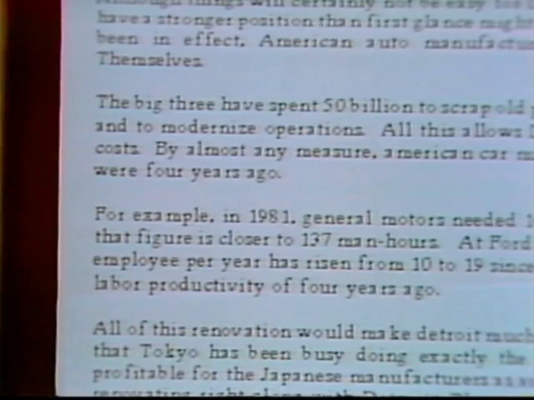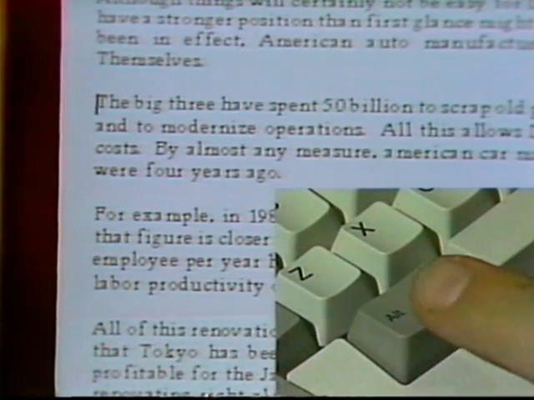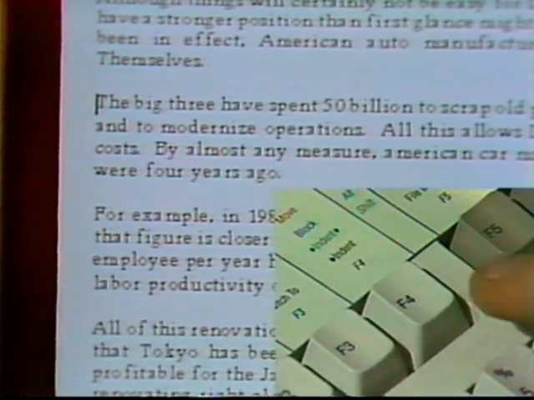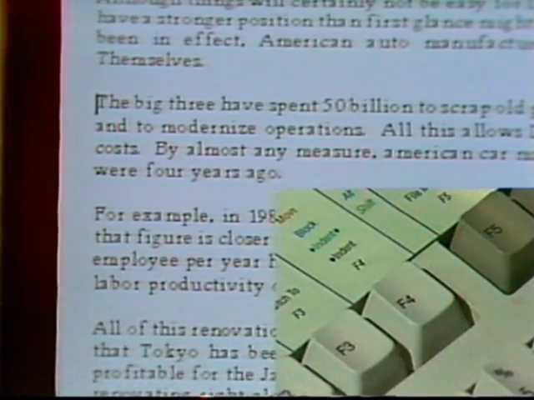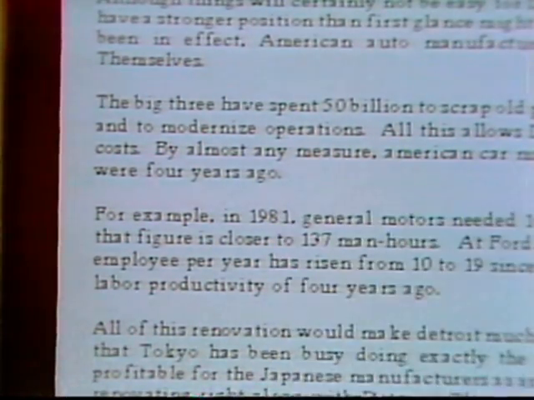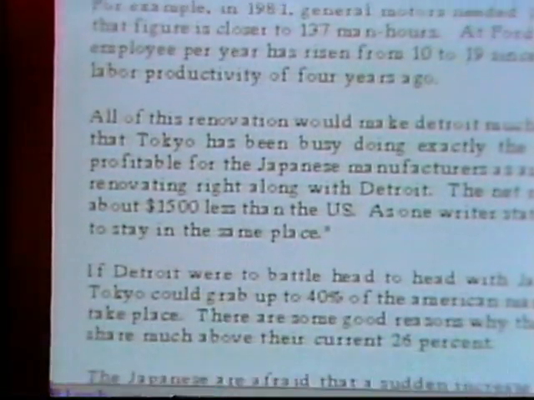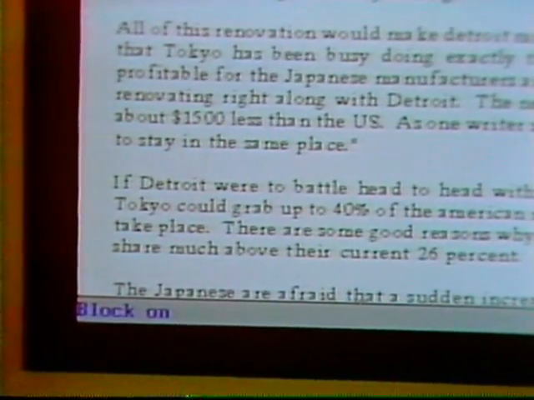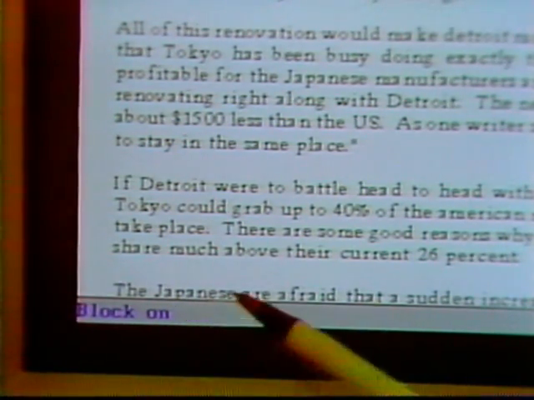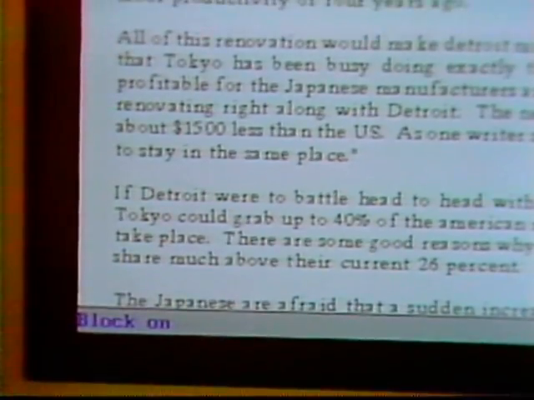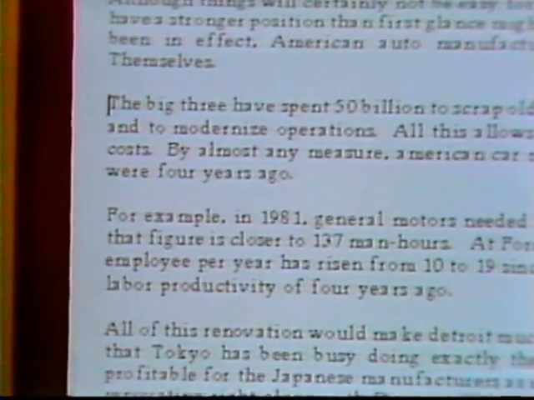In this case, we want to block the text so we can move it. And we perform the block feature by holding down the Alt key and pressing F4. Then at the bottom of the screen, you'll see the line that says "Block on" here at the bottom. Now we're ready to block or select this text.